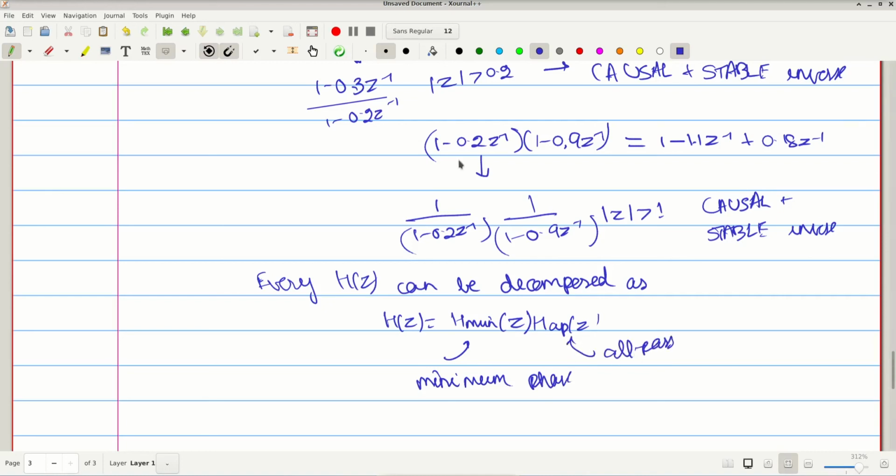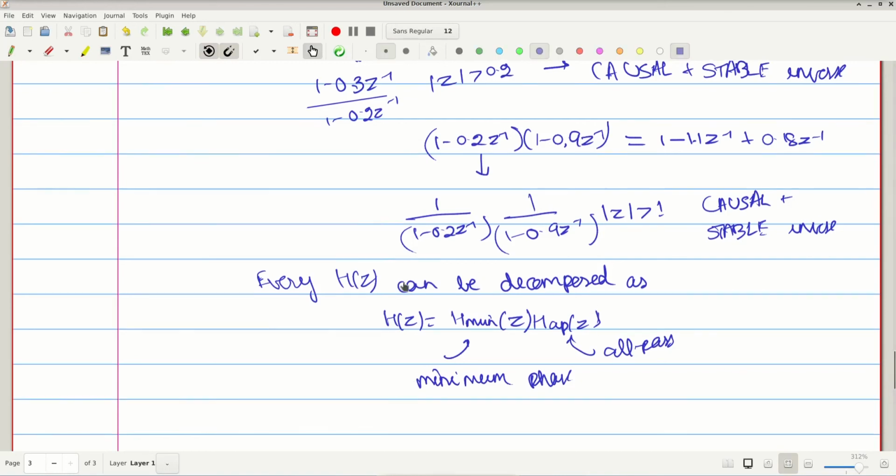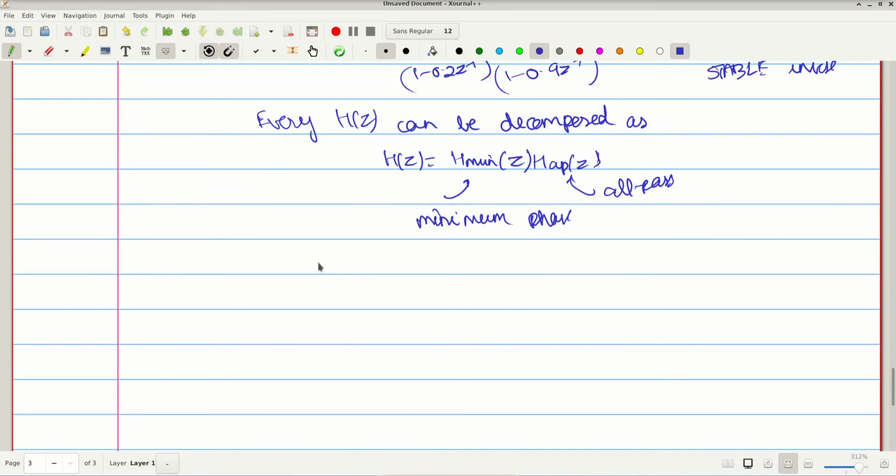Now this should not be too surprising to you if you remember what we saw just some minutes ago, because you know that you can get the same magnitude response by flipping around these poles and zeros. For example, if you look at (1 minus 1/3 z inverse) by (1 minus half z inverse), this is already minimum phase, but we'll take something else.